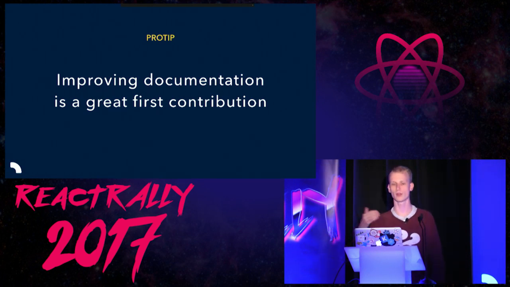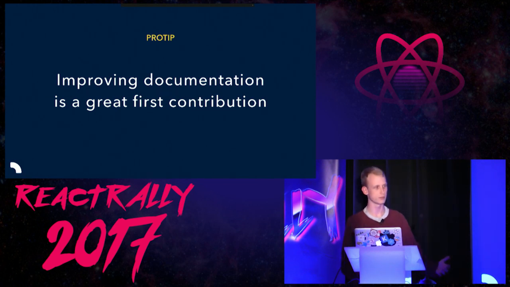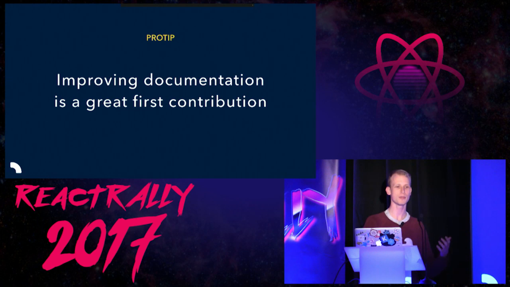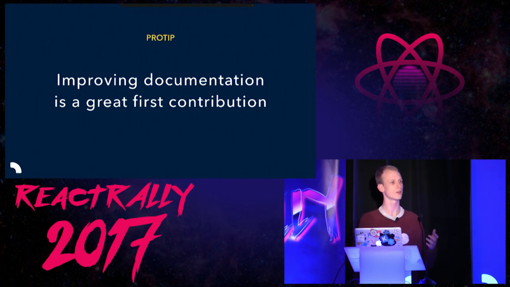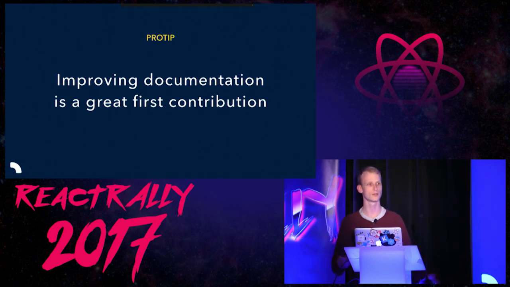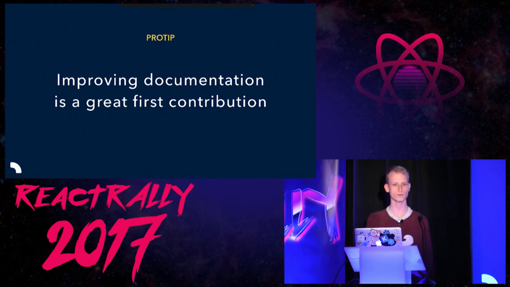So if you have a problem with the library, go ahead and submit a PR to improve the documentation. If you run into troubles where you're banging your head against stuff for a day, just the most annoying stuff you could think of, after you fix it, please submit a PR to improve the documentation. It's one of the most valuable things you could be doing to help the open source ecosystem as a whole.